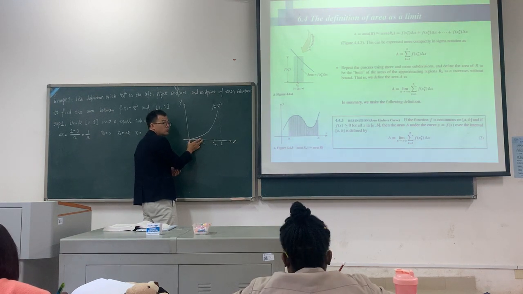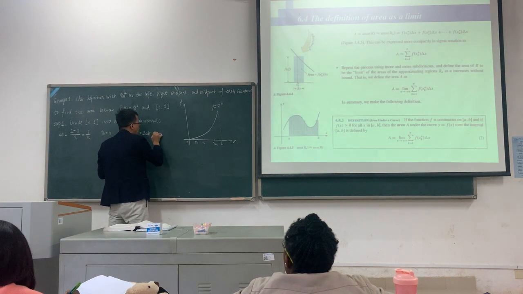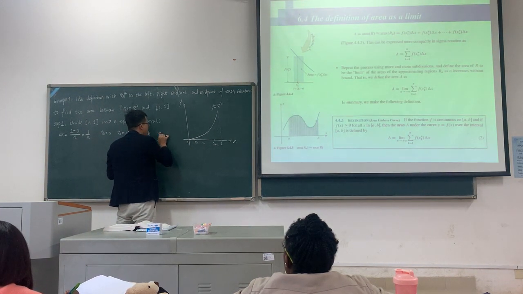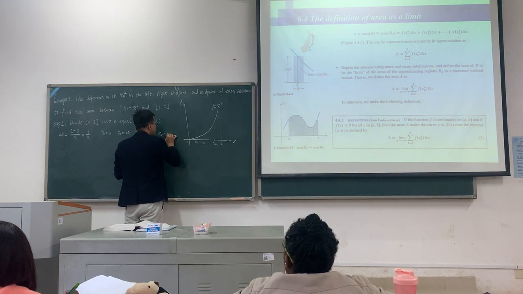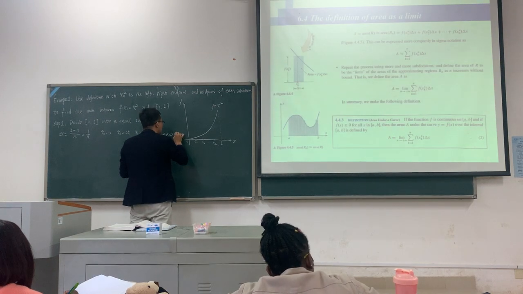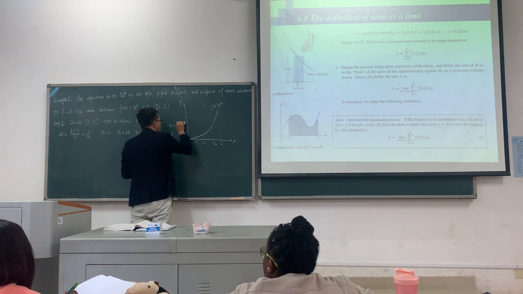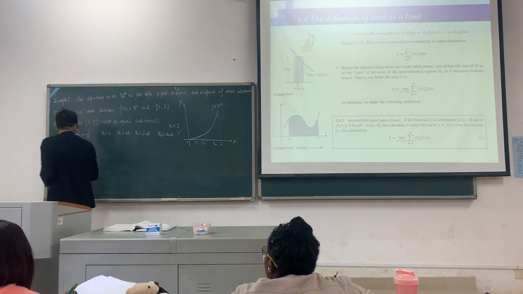Here this is 2 delta x. So x2 equals 2 delta x. So go on. We have that xk is k delta x. And the last, xn, is the right endpoint 1.